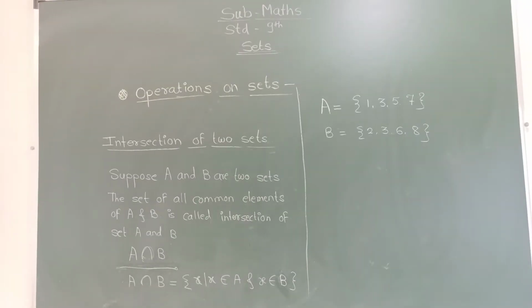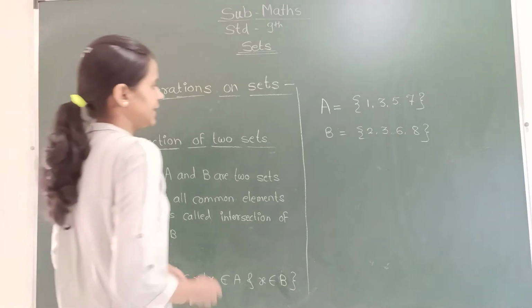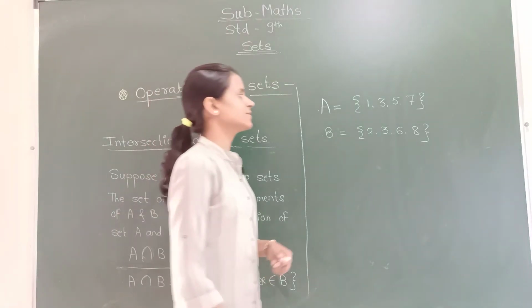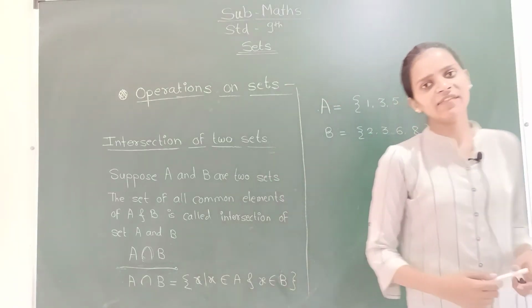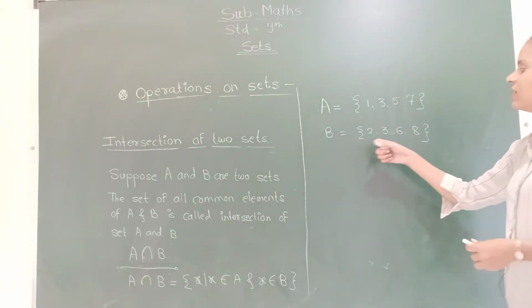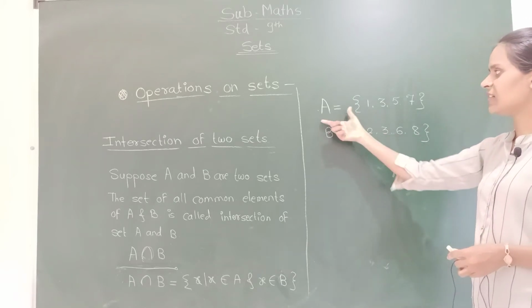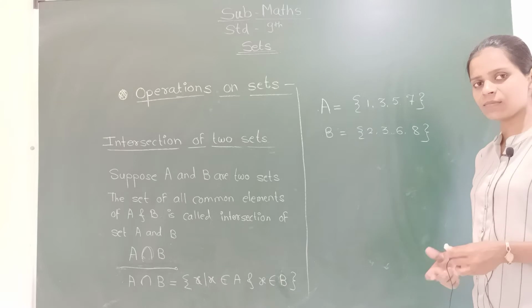You can see on the board there are two sets, set A and set B. Set A consists of elements 1, 3, 5, 7, and set B consists of elements 2, 3, 6, 8. We have to find A intersection B. A intersection B is what?